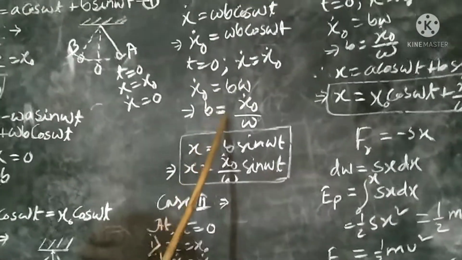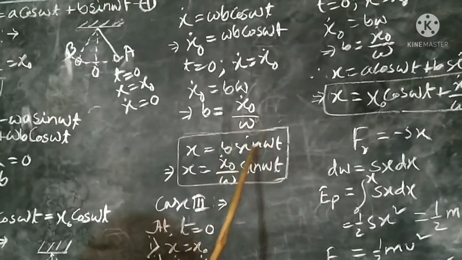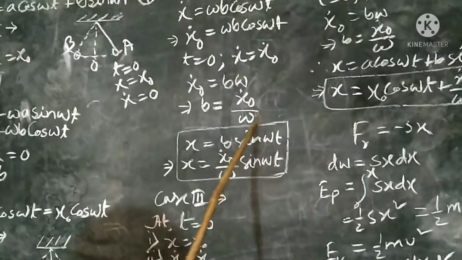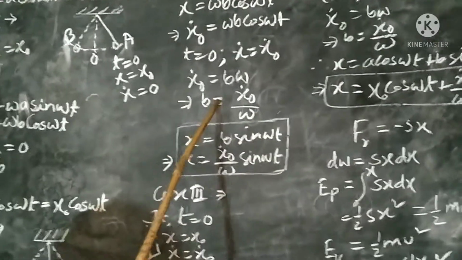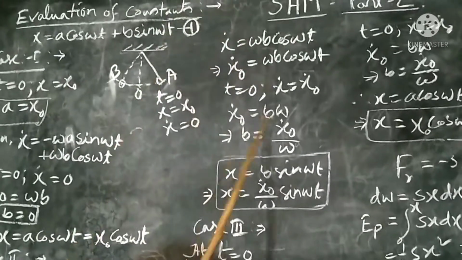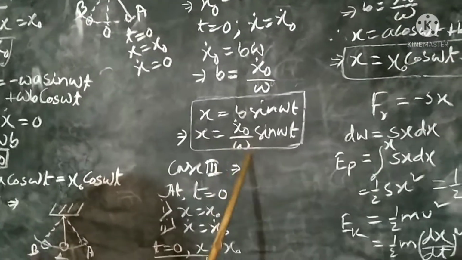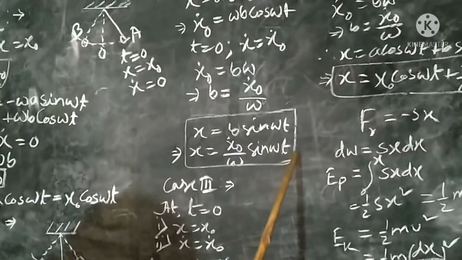Then b equal to x dot 0 by omega, and putting this value of b in equation 1, we get x equal to x dot 0 by omega sin omega t.